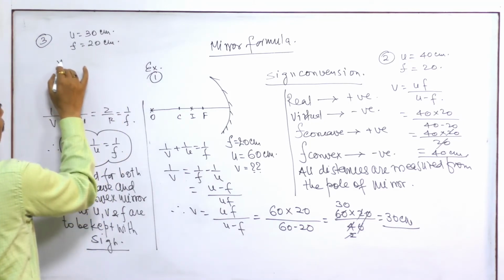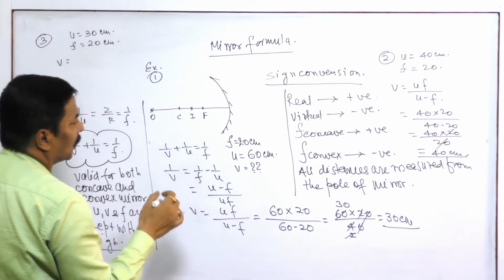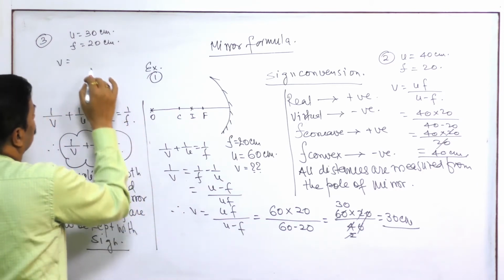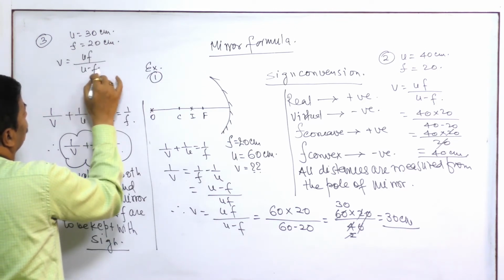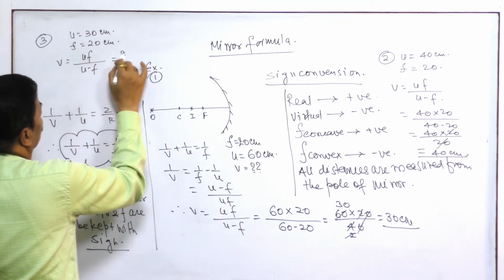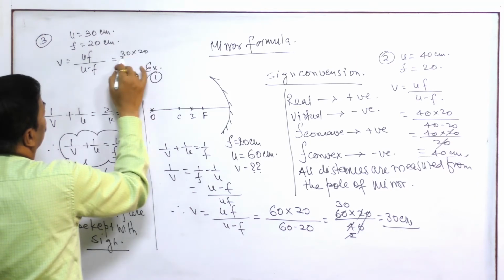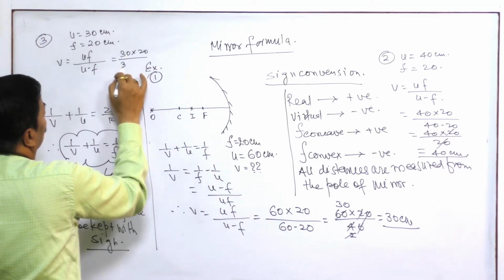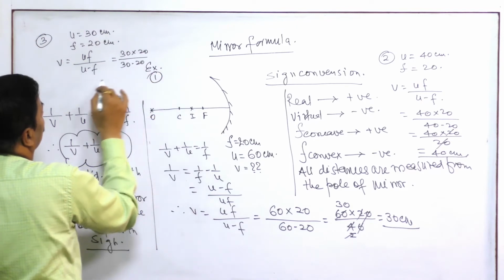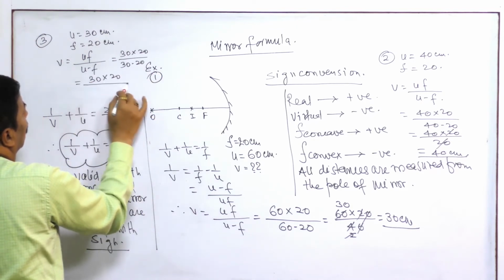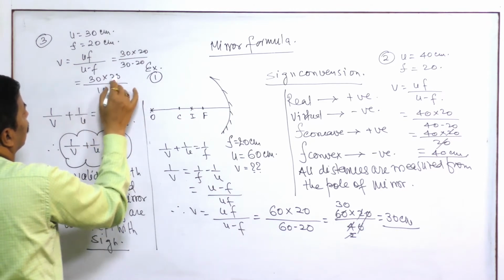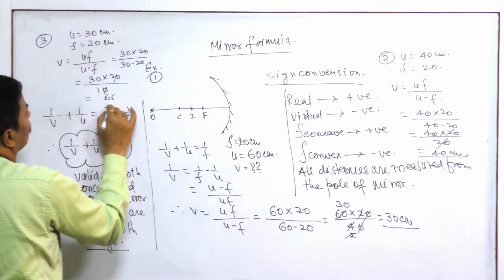So V is equal to U into F by U minus F, that is 30 into 20 by 30 minus 20, that is 30 into 20 by 10, and this gives 60 centimeter.